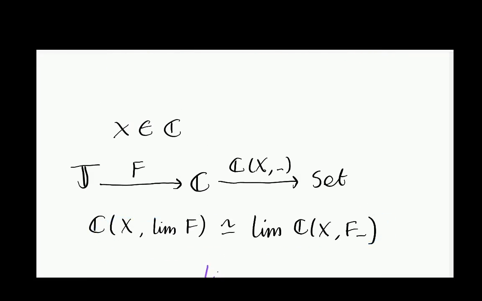We take our functor F, and then we post-compose it by this Hom functor here. Here X is just an object of C. And then we can compute the limit of this functor into Set. We know that exists, and there's a fairly straightforward way to compute limits of functors into Set.